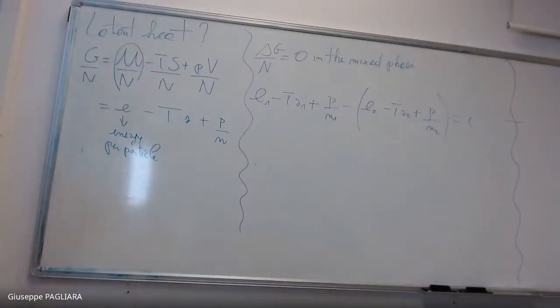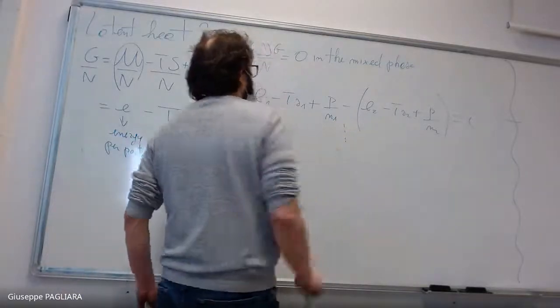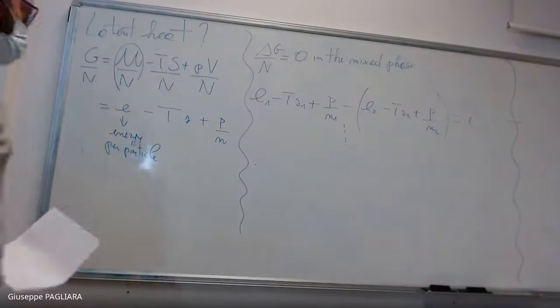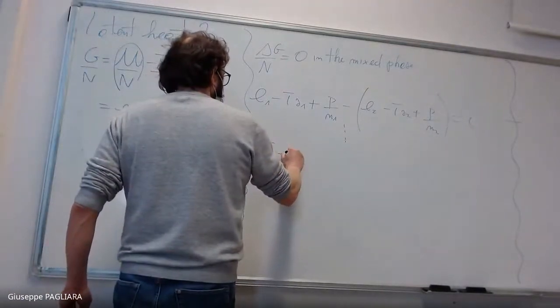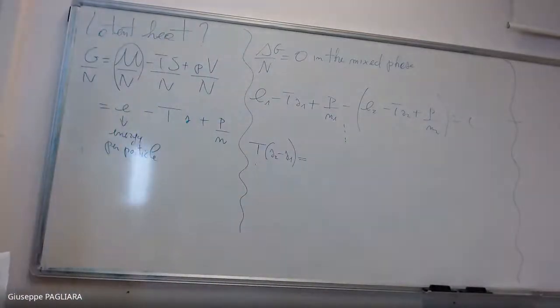From which I can derive the following. Let me see if it is correct. Minus S2, P divided by N2. Okay. From which I can derive the following equation. I have T times (S2 minus S1), which is equal to the pressure, we put it on the other side.